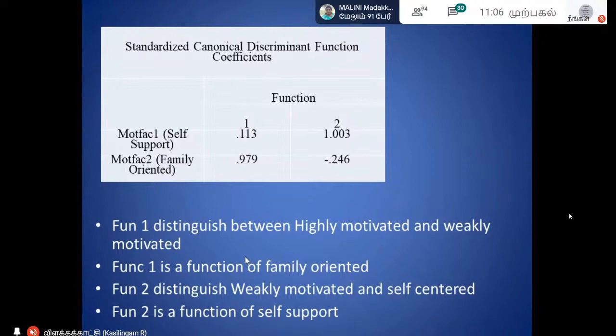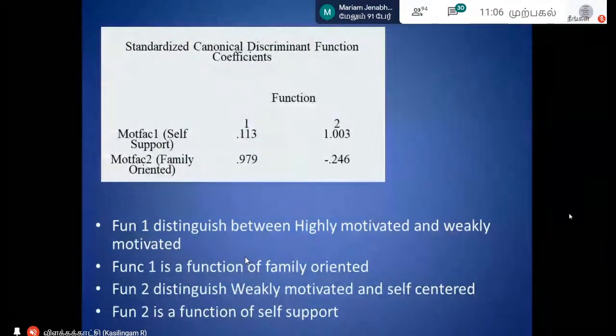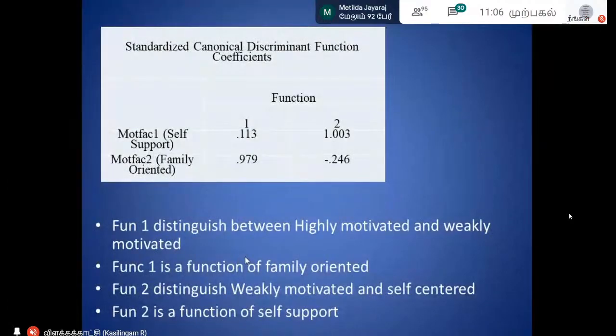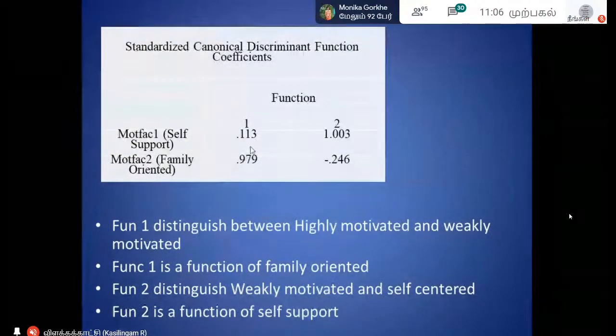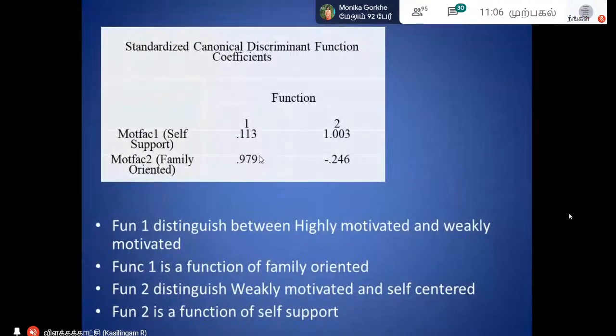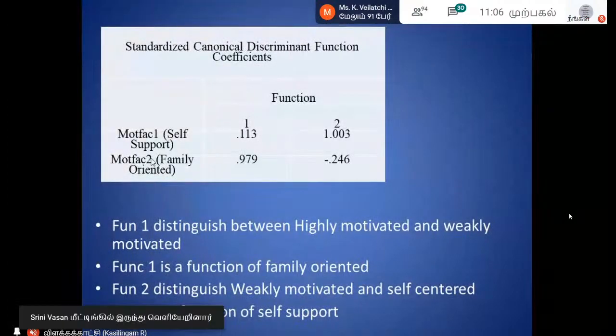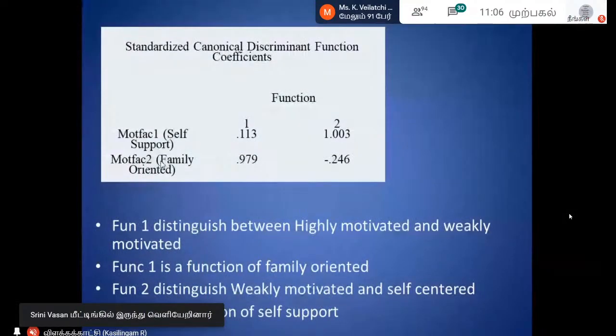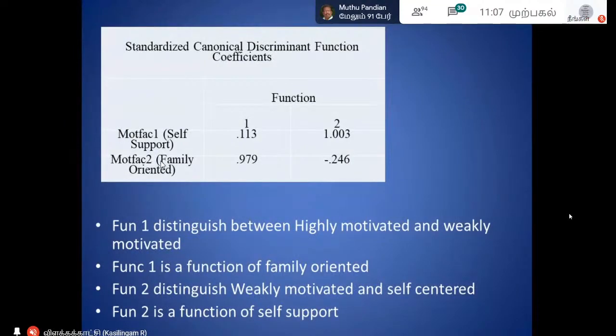So the function 1 value mainly depends upon family-oriented, because of that 0.97 multiplier. Function 1 is influenced more by family-oriented.